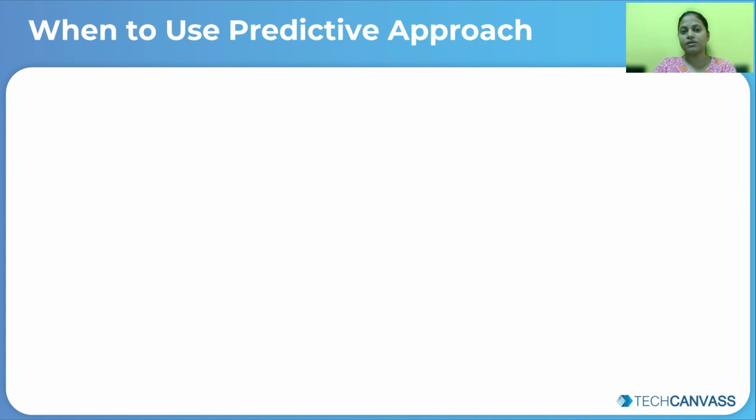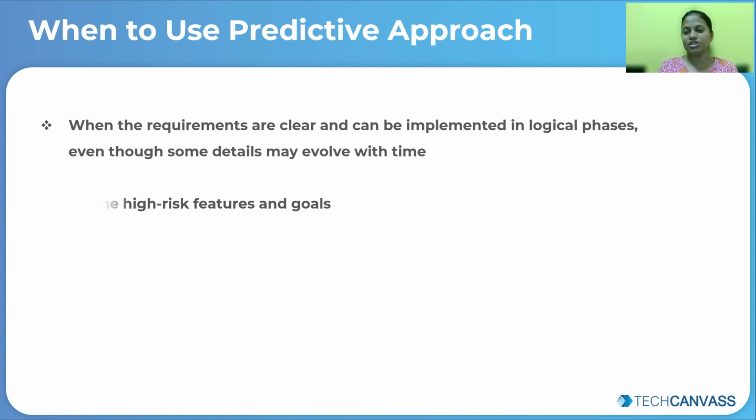Now the question comes: is there any scenario where we should go for the predictive approach? There are still some industries that continue to use it, such as construction, like the highways or buildings being built.